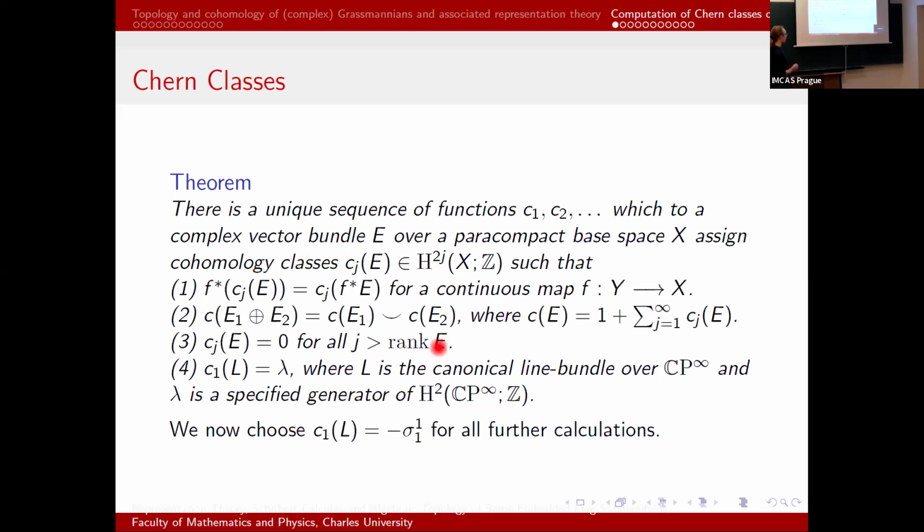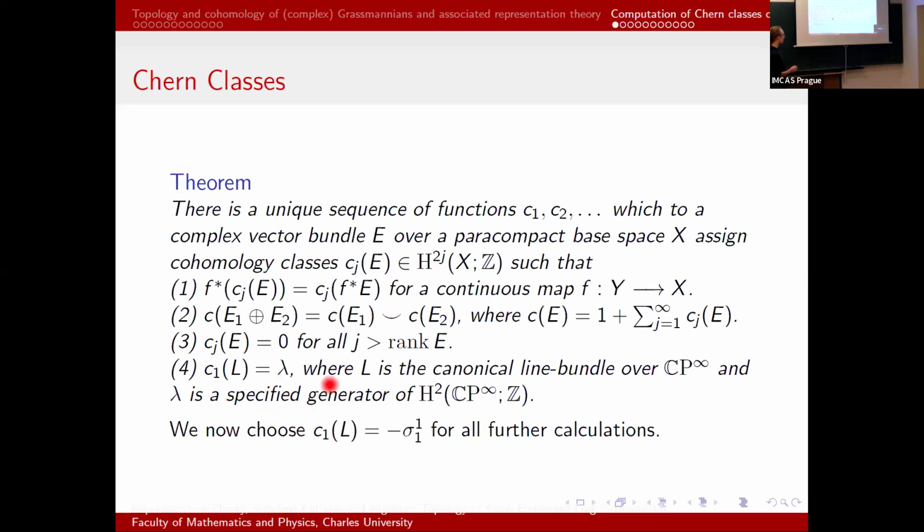Chern classes commute with pullbacks along continuous maps. We have the Whitney product formula for the total Chern class, which we denote by C(E), and it's 1 plus the sum of all Chern classes. Chern classes vanish whenever J is greater than the complex rank of the vector bundle.